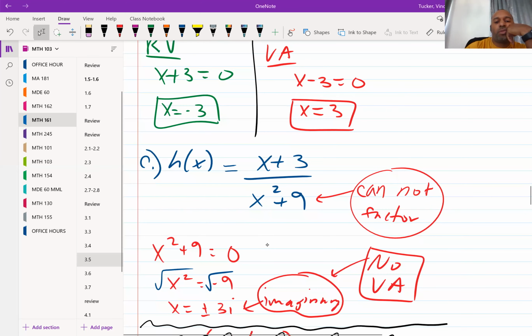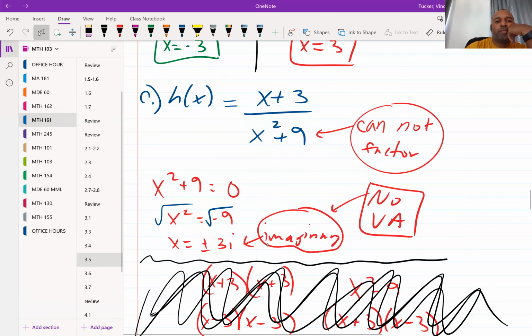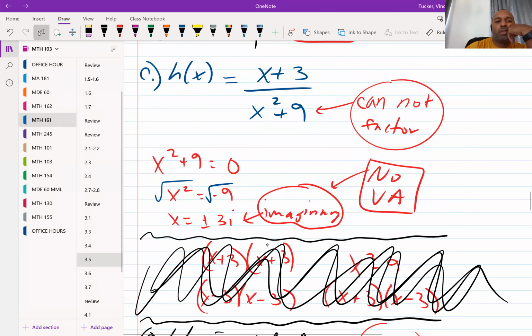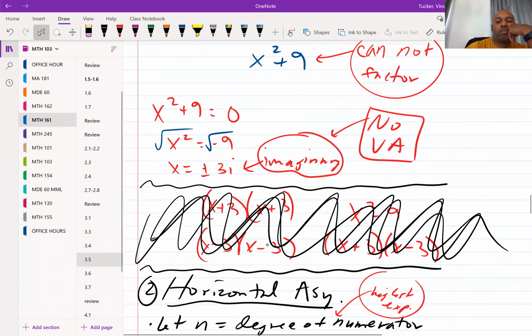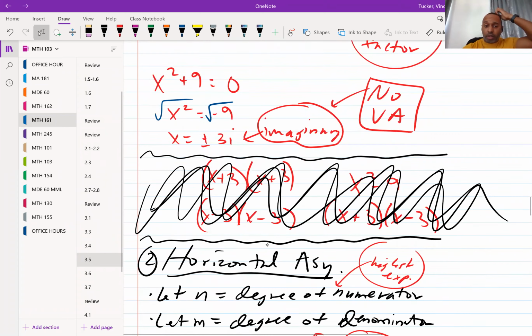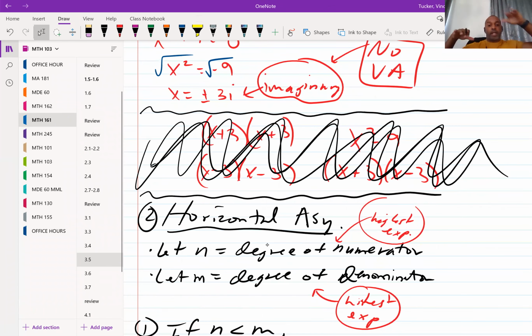All right, can we scroll up some? Anybody holding on to see? All right, so let's look at a horizontal asymptote. First, we're going to let n be equal to the degree of the numerator. We're going to let m be equal to the degree of the denominator. When you say degree, we're talking about the highest exponent.